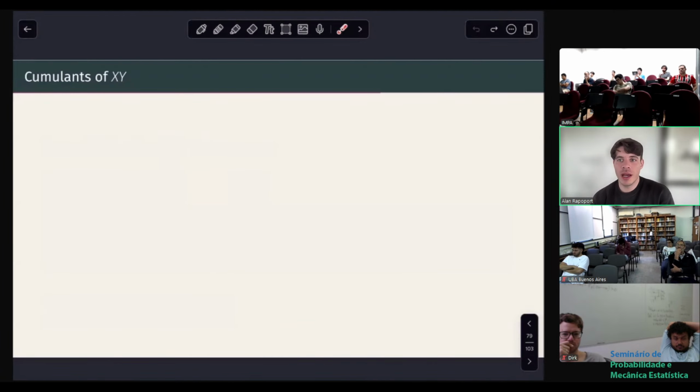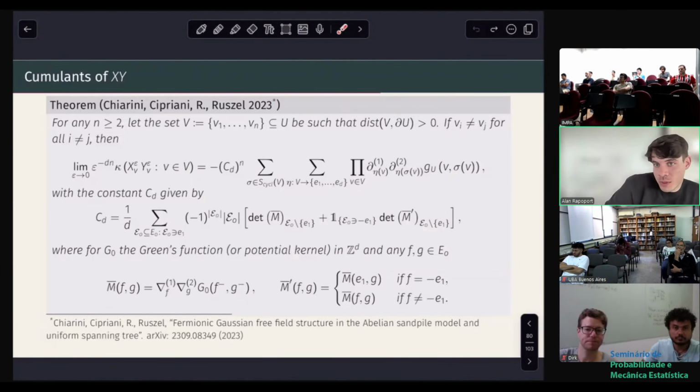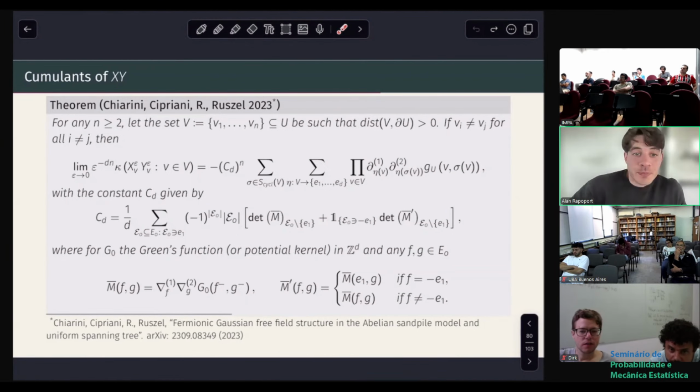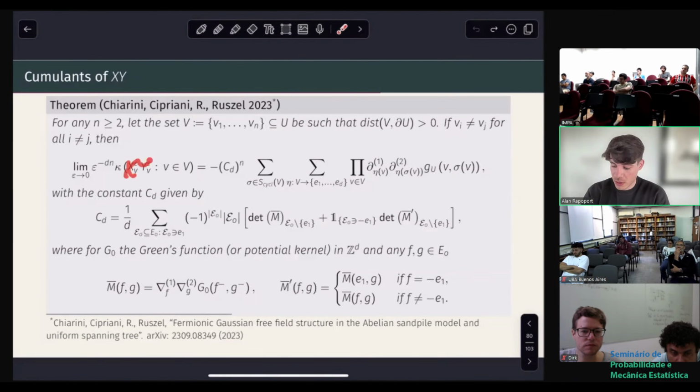And finally, we are understanding exactly where all of this comes from. In particular, once you understand things, you can compute. So basically what we did is roll up our sleeves and calculate the cumulants in the limit of this X and Y, with the same scaling as before.